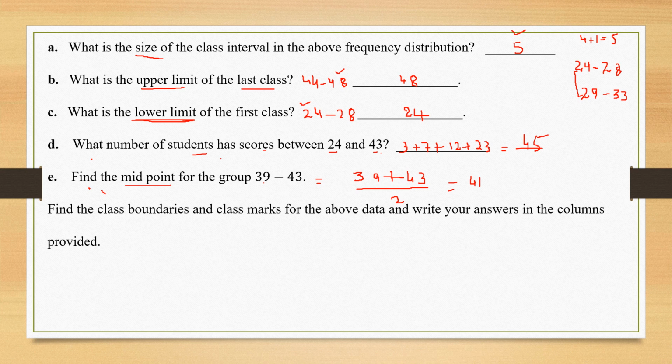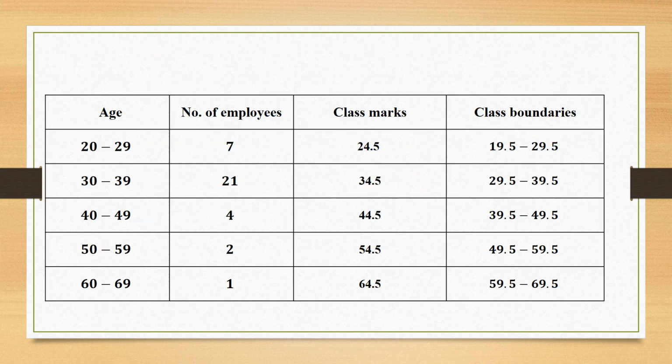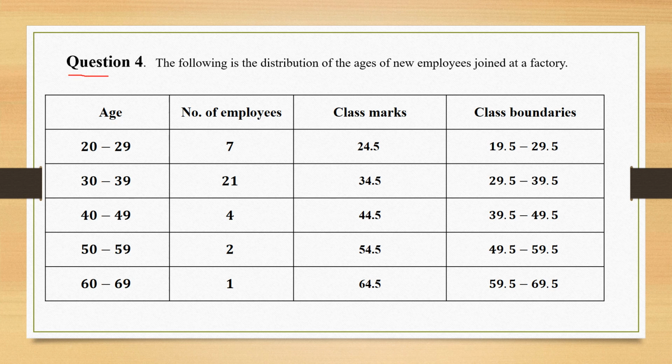And find the class boundaries and class mark. Already we have found them in the frequency distribution table. In the same way, dear student, this is question number 1. And now this is question number 4. In the same way you have to complete this question.